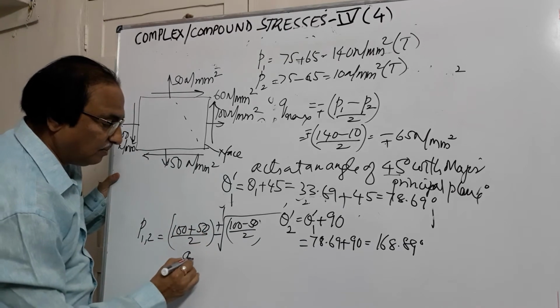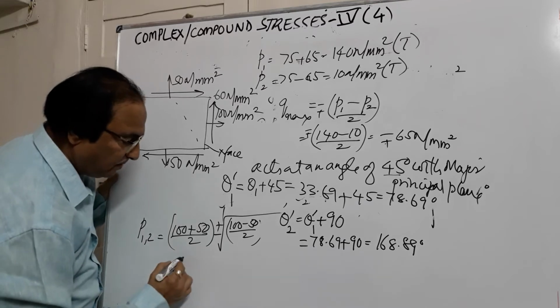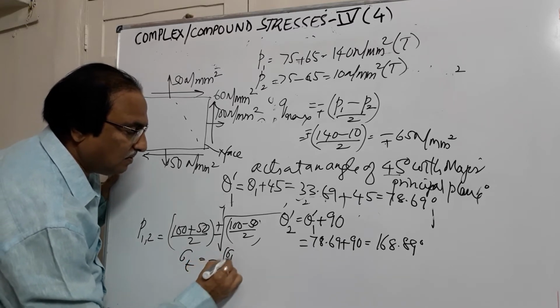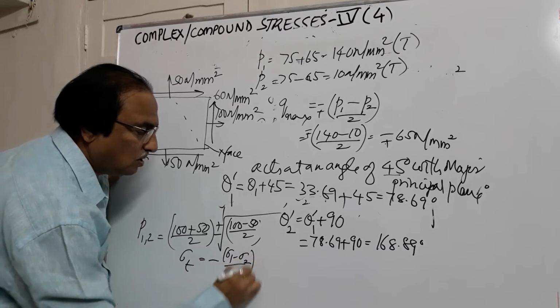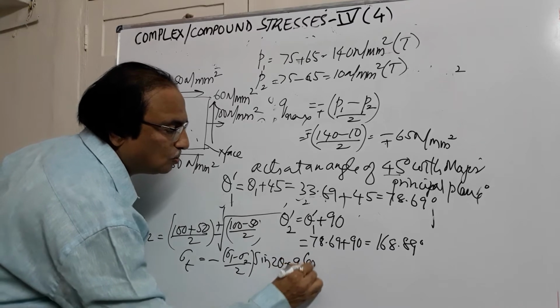We have seen a formula for the tangential stress. It is given by minus (sigma 1 minus sigma 2) by 2 sine 2 theta plus q cos 2 theta.